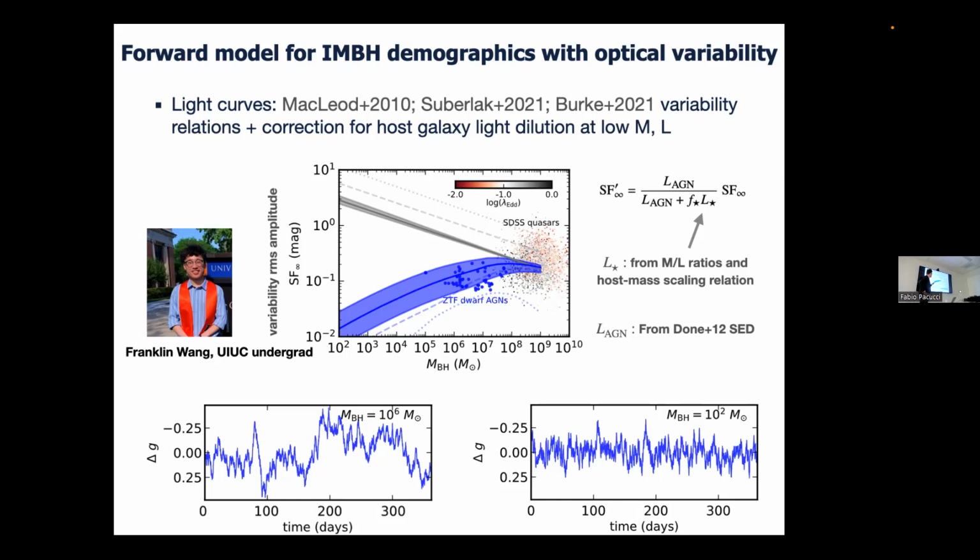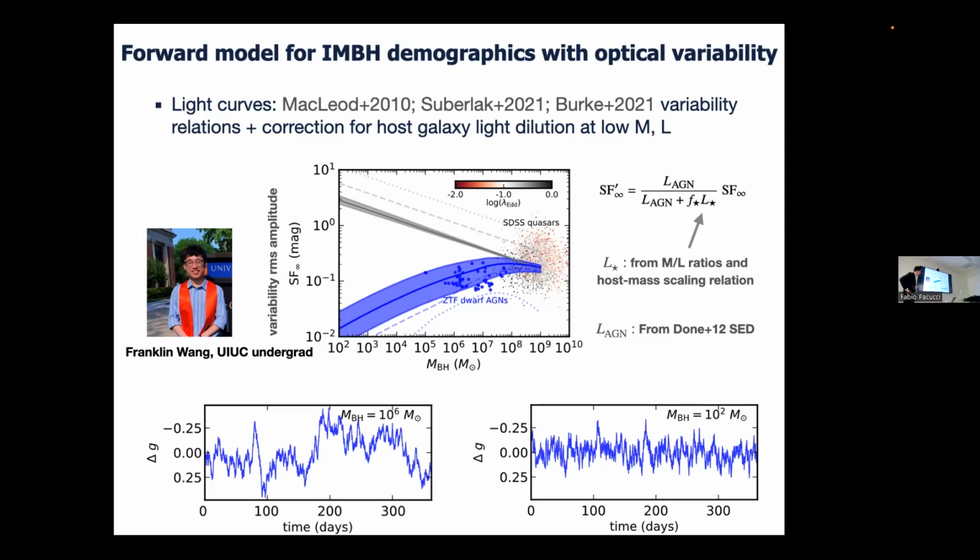From these black hole masses, you can assume something from the relation between the black hole mass and the host galaxy stellar mass, and then assume a mass-to-light ratio to get the luminosity that you would expect in the ZTF band. There's a big uncertainty, but we found that with that correction, it seems to go through the data points. So that was reassuring.